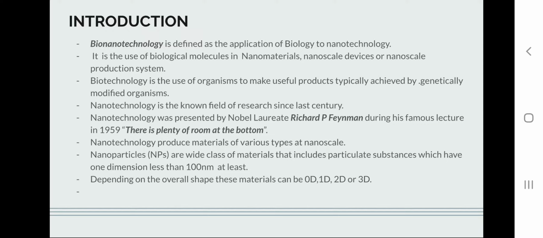And biotechnology is the use of organisms to make useful products, typically achieved by genetically modified organisms. So using biological molecules in nanotechnology is called bio-nanotechnology, and these biological nanomaterials can be used as nanomaterials, for nanoscale devices, or for synthesizing nanoscale systems.